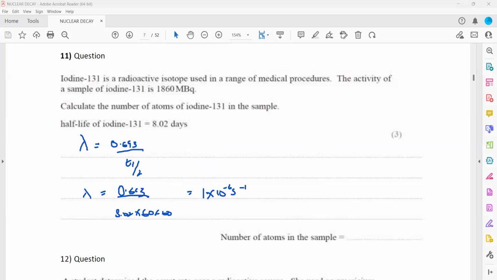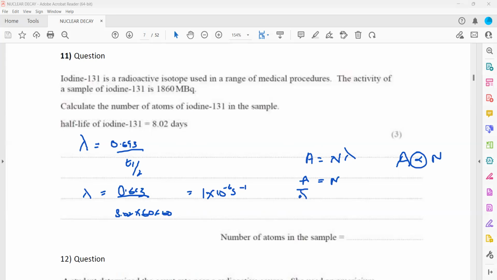And then we have the formula activity is equal to N lambda, activity is proportional to the number of nuclei present. When we replace the proportionality sign with equal to, we add a constant, so lambda is the decay constant. So if we need N, activity divided by lambda is equal to N.